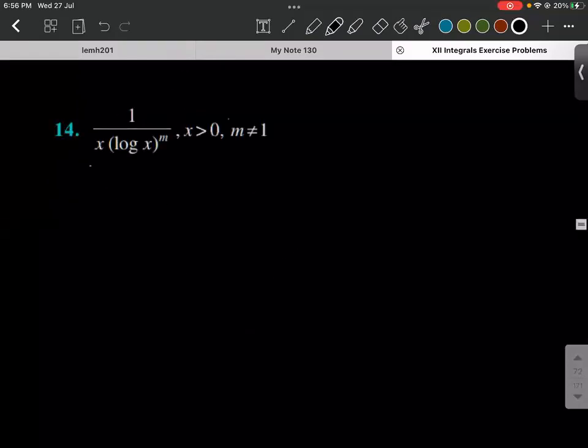So one last problem. This we find out. You tell me what I am supposed to do. Take log x as t.